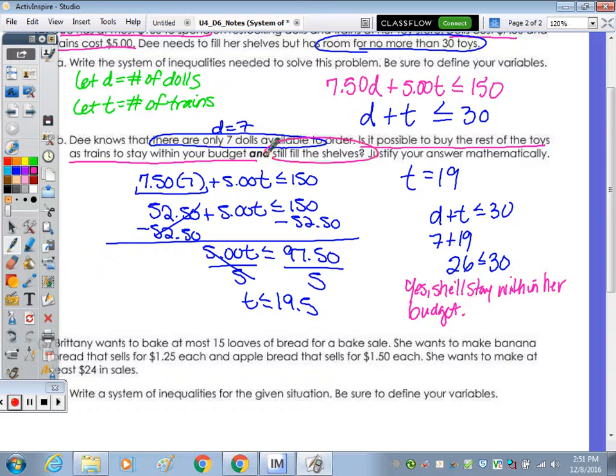And still fill the shelves. Will she fill the shelves? No. Full would be how many? 30. So did she fill it? No. Yes, she'll stay within her budget. However, she will not fill the shelves.